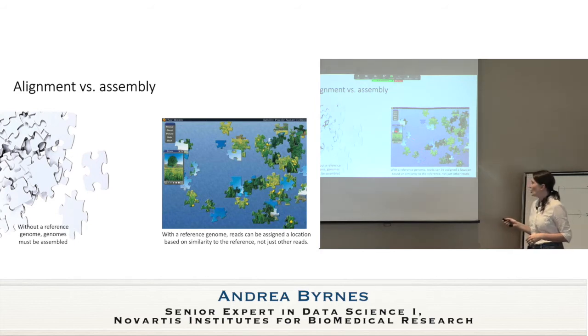And then if I know that I'm trying to make a picture of a tree with some grass and there's some sky up here, that might help me rearrange these pieces more quickly and more efficiently. And the same is true of the reference genome. Of course, we are not all the same, so we don't all match the reference genome perfectly, but it's often enough to give us an idea of where pieces might fit together.